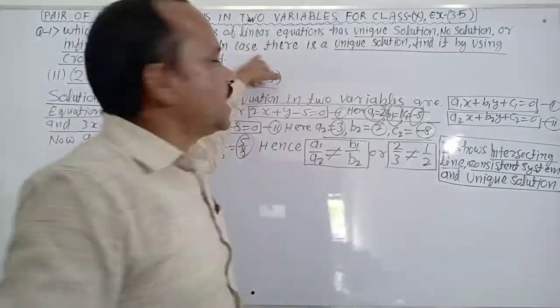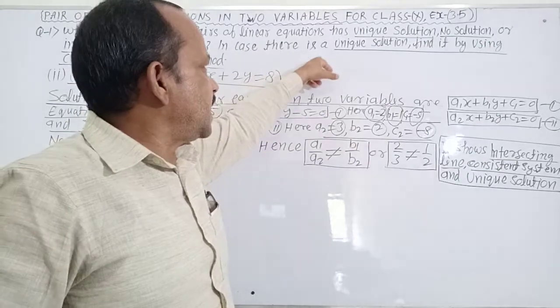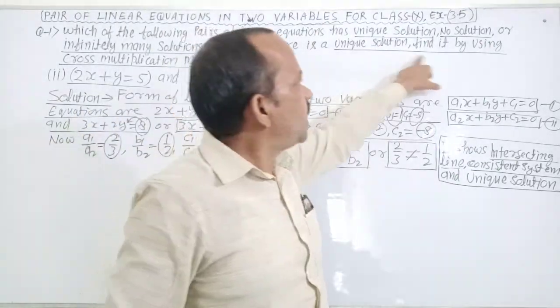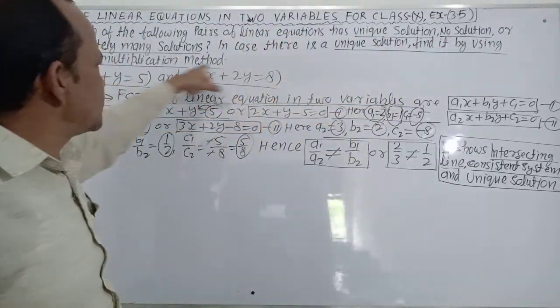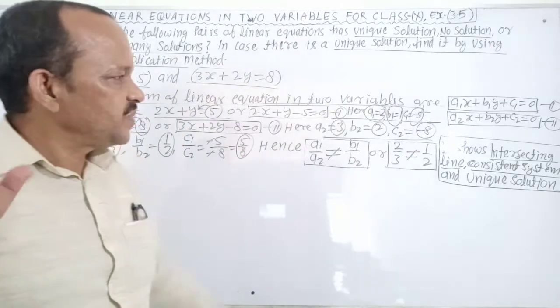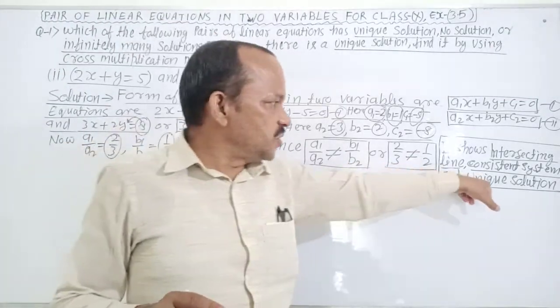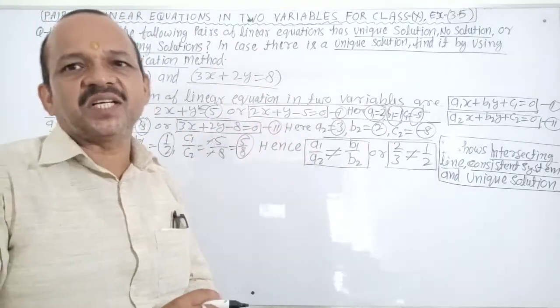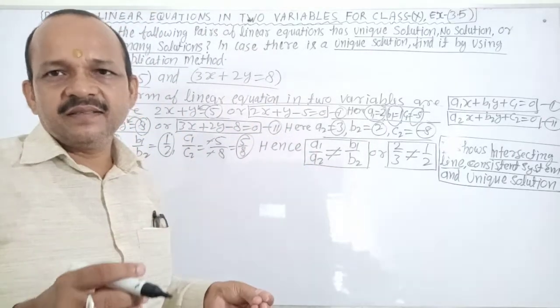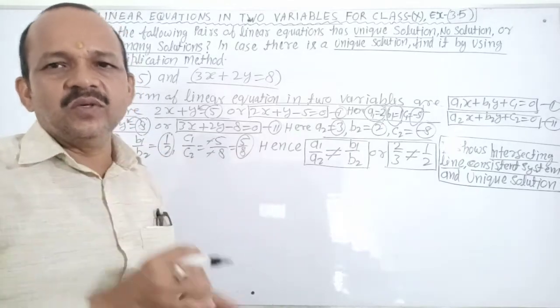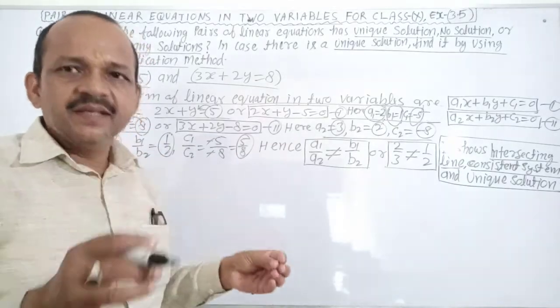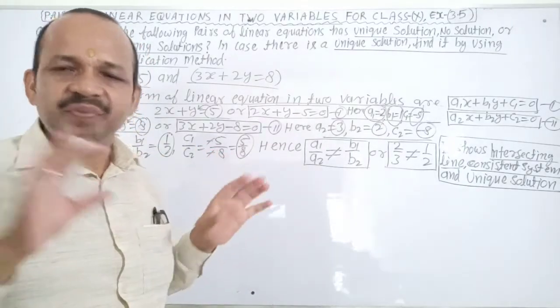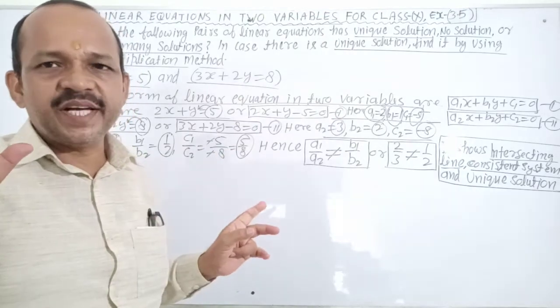Here according to question, in case there is unique solution, find it by using cross multiplication method. It means you find the value of x and the value of y by cross multiplication method. Clear? No confusion about it?